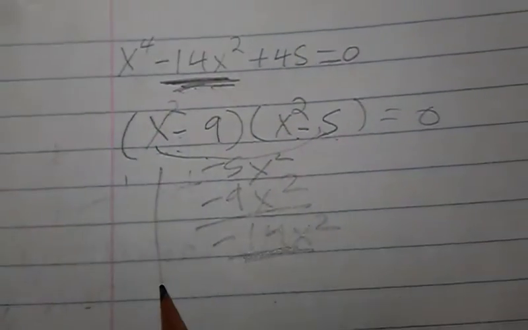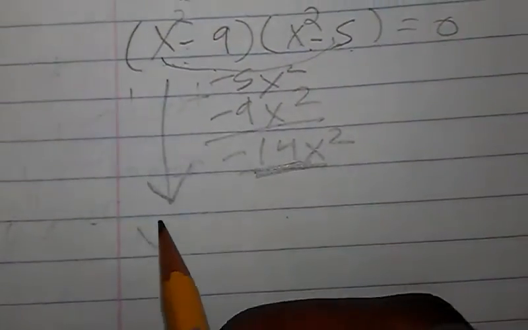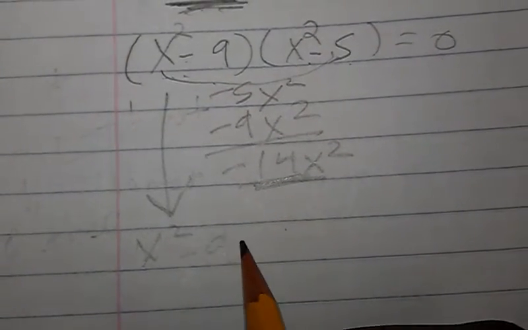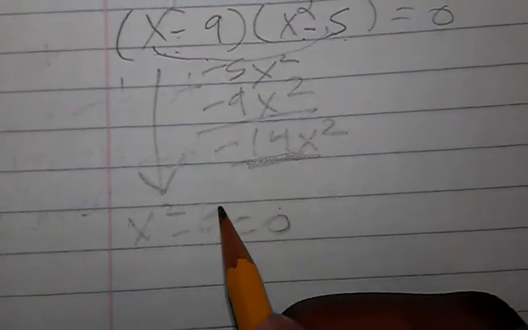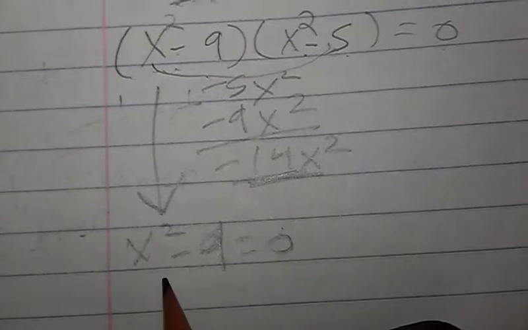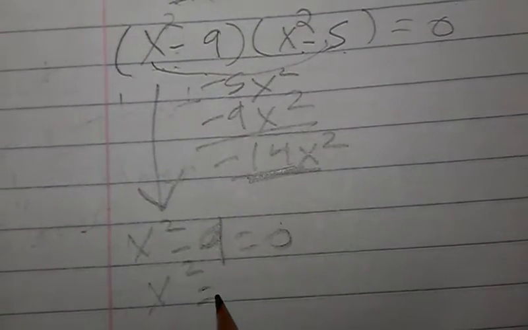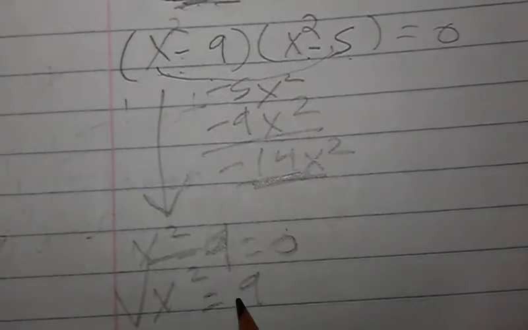So now let's bring this term down. We have x squared minus 9 equals 0. Add 9 on both sides to get x squared equals 9. Now find the square root of x squared. I'm going to get x is equal to positive or negative 3.